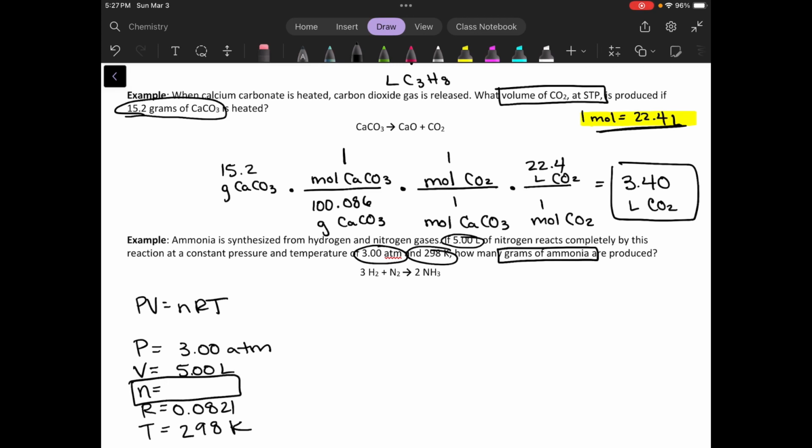So once we find number of moles for the nitrogen, we can then use that information to find how many grams of ammonia. Okay, so let's plug this in. And I'll label this, so over here we're dealing with nitrogen.